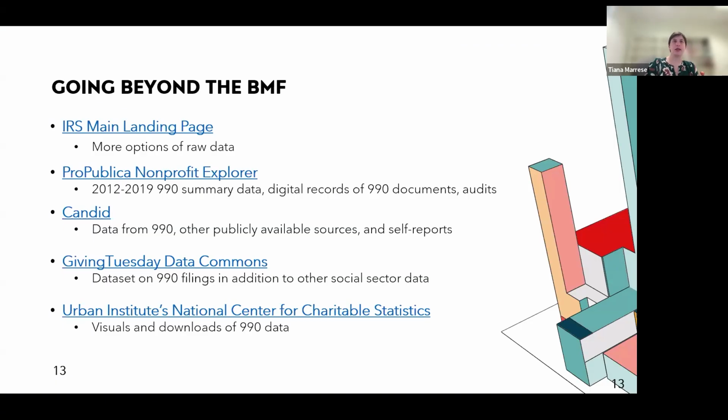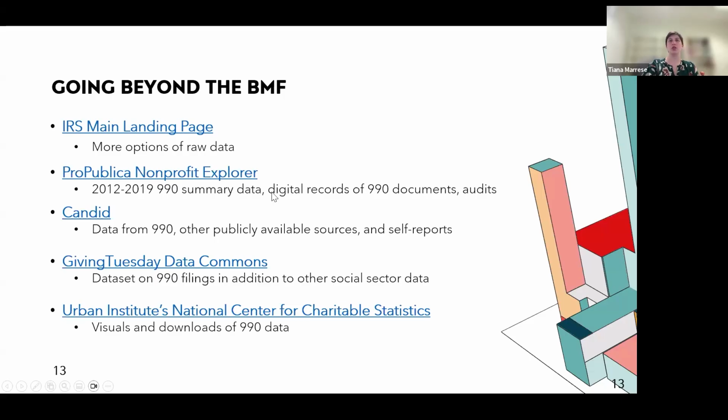The good news is that in addition to the IRS, which gives you this raw data and is really the source of a lot of information we have on the nonprofit sector, there's a lot of other organizations that have spent time making this data accessible and relevant for other research questions as well. So I encourage you to look at some of these other sources and see how they've gone above and beyond just reporting 990.